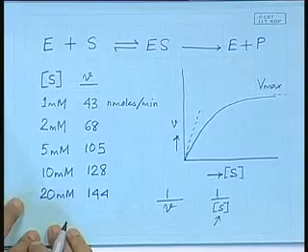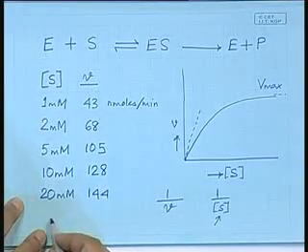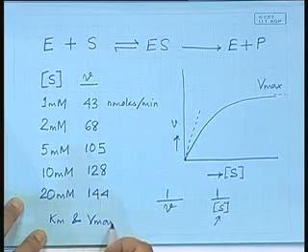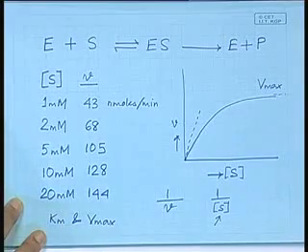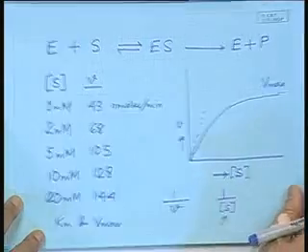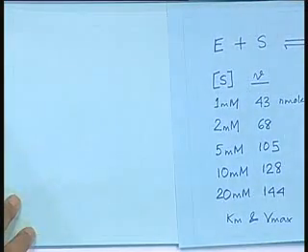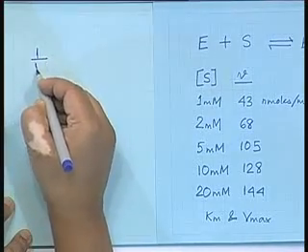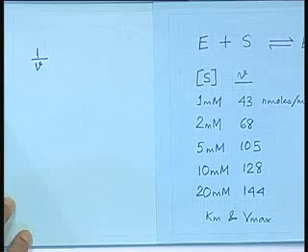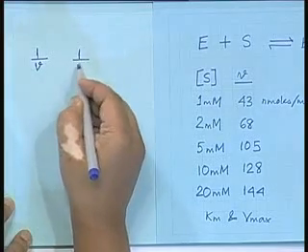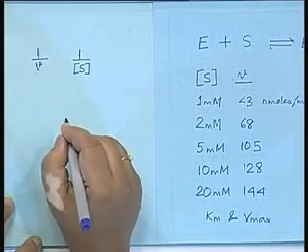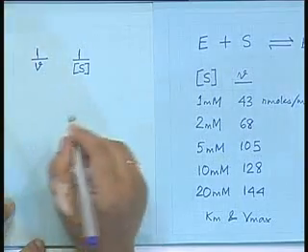Now, if I want to determine Km and Vmax from the data that I have here, what I need to do is I have to calculate 1 by V, right, and 1 by S. Now, once I calculate 1 by V and 1 by S, what am I going to get?